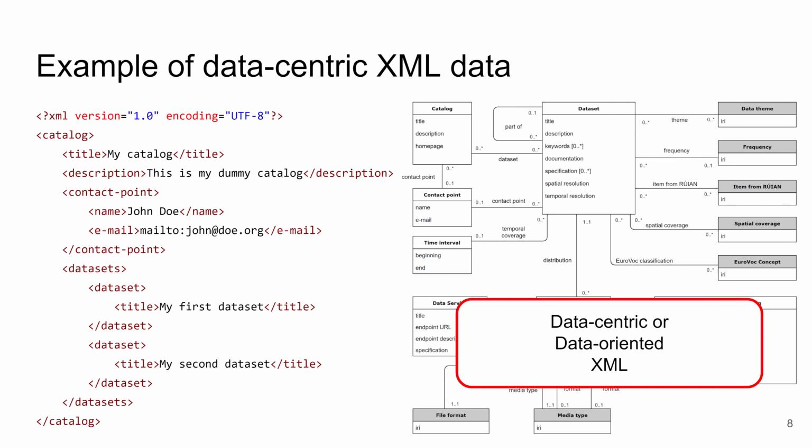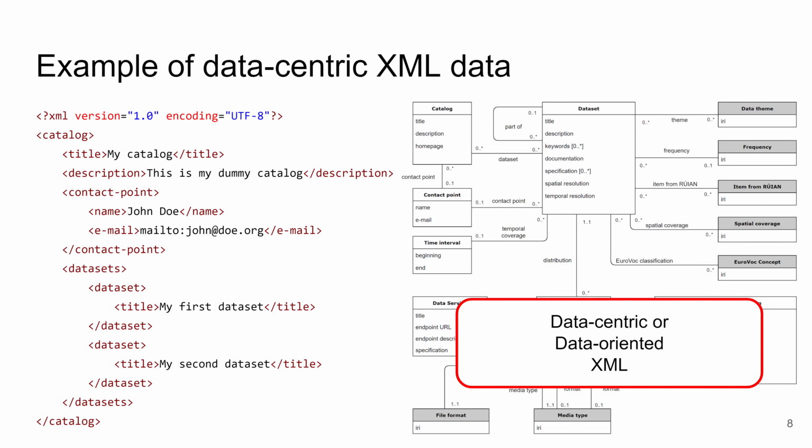They are structured regularly, so you can see that there are records, repeated records of datasets, repeated records of catalogs, and so on. And typically, the data-centric XML does not contain mixed content. We will talk about mixed content again in a bit, but it is the case where in one element you are mixing both text and other XML elements.